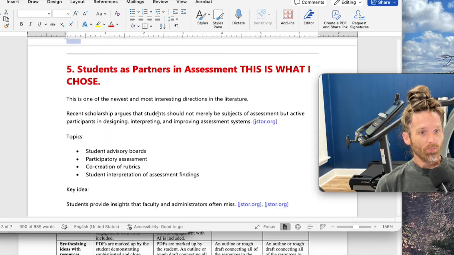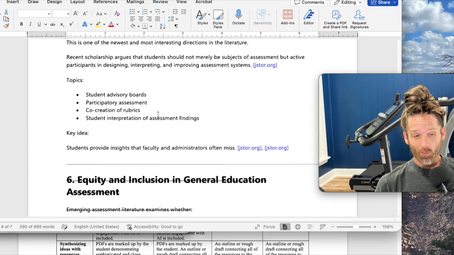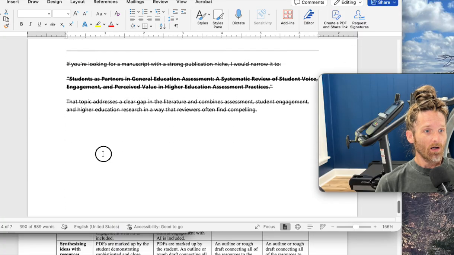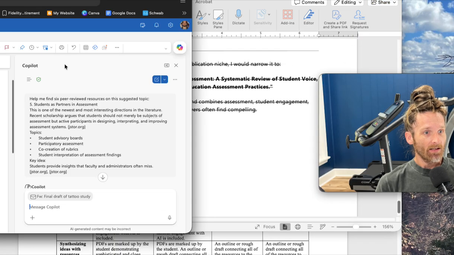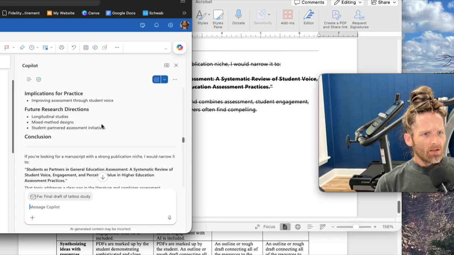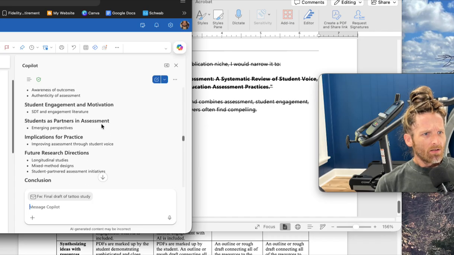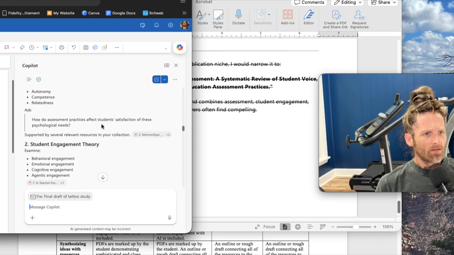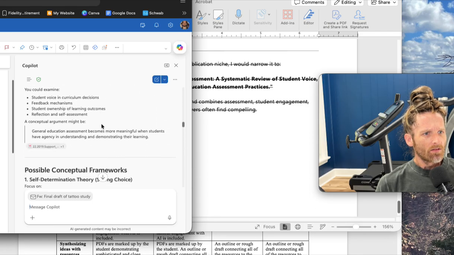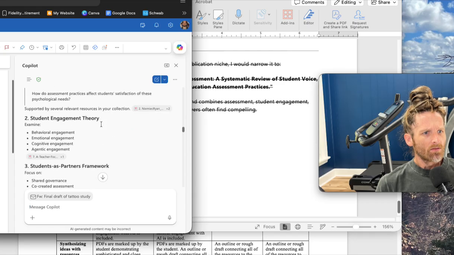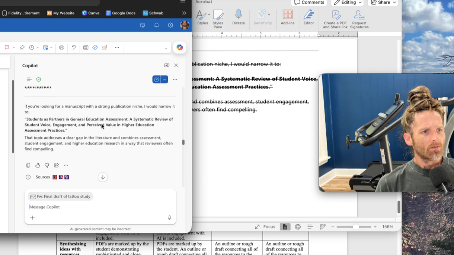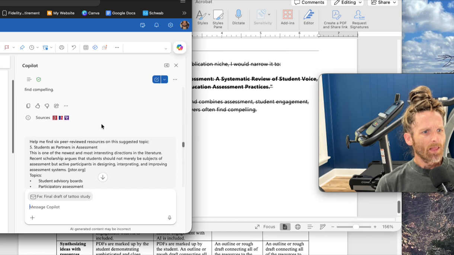So I explained what I liked about what CoPilot did and what I didn't like, and some of my feedback, and where I ended up going, what I decided. And I asked, let me find 6 peer review.